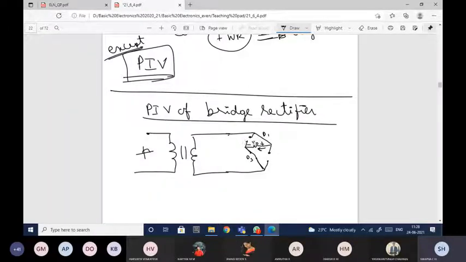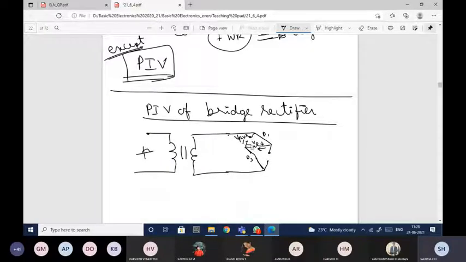Generally if the diode is forward biased and current is flowing, it will be plus minus like this, but since the diode is reverse biased, the polarity will be opposite. So it will be minus here and plus here.